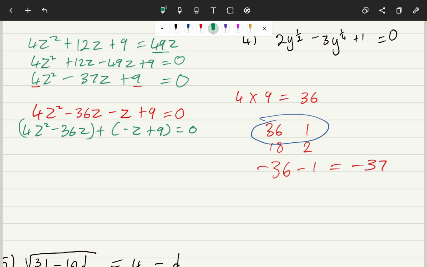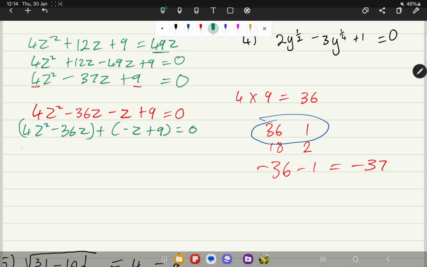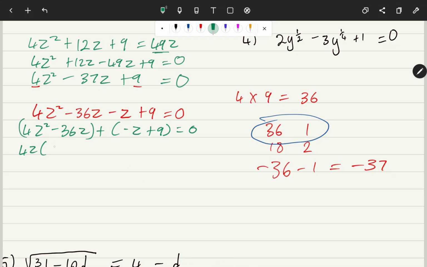The first one, you have 4z, so that's 4z times z minus 9. The second one is minus 1, so you have z minus 9. Then you have the common factor again, z minus 9. The remaining numbers: 4z minus 1 equals 0. Now you're just done.